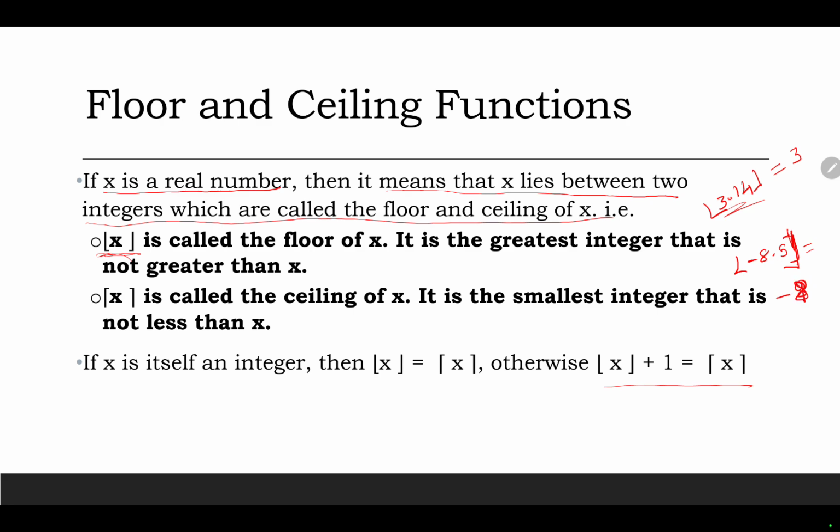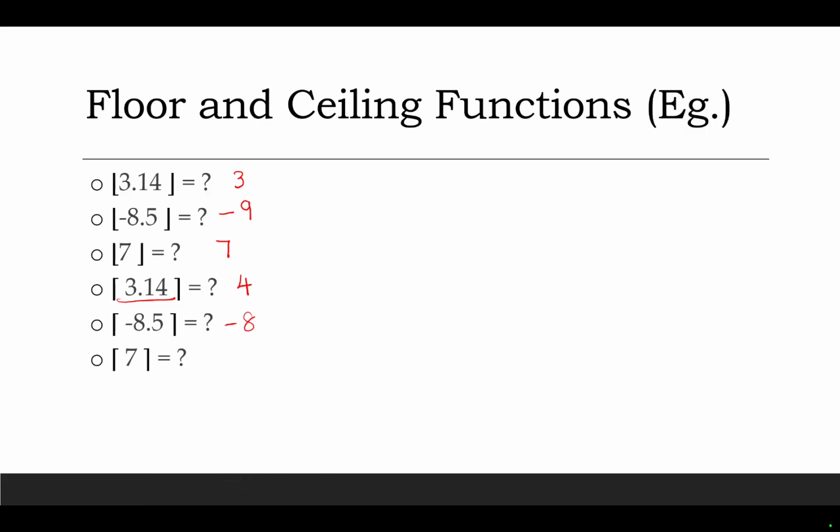I said this for the ceiling. So the ceiling of minus 8.5 is equal to minus 8. Then the ceiling of 7 is only an integer, so it is equal to x, so it is 7.